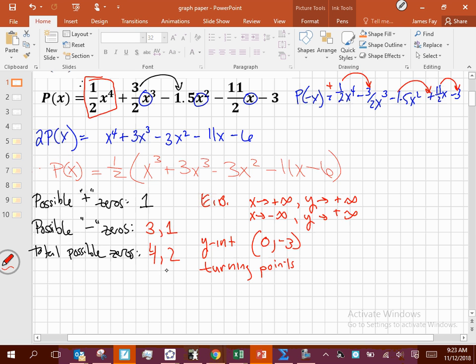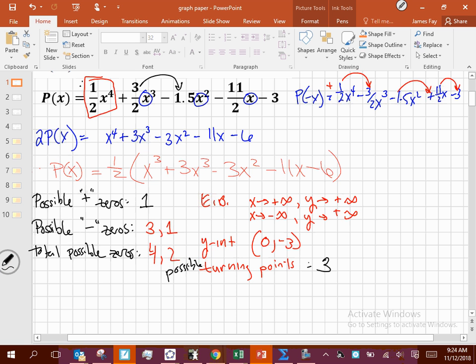Let me write possible turning points. Remember, turning points are your maximums and minimums, your extrema. How many can I have here? 3. If we let n be our leading degree, then the possible turning points is always n minus 1. So we have 3.